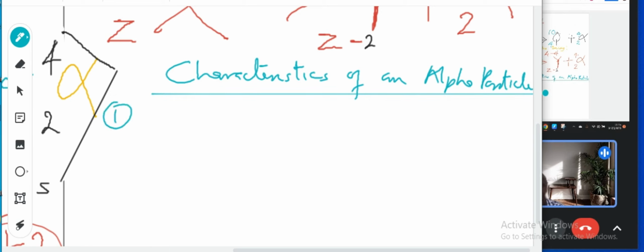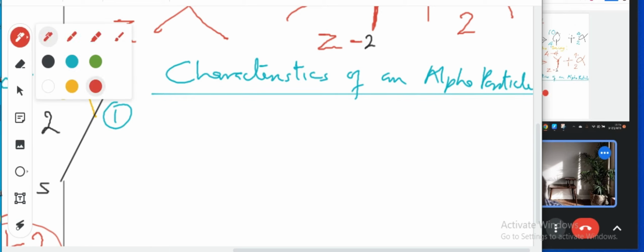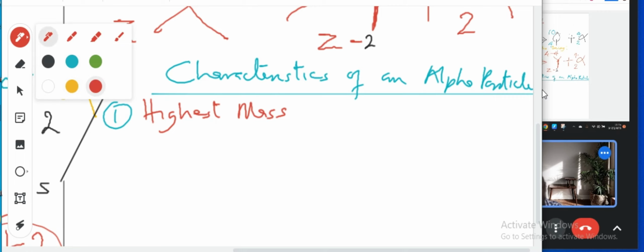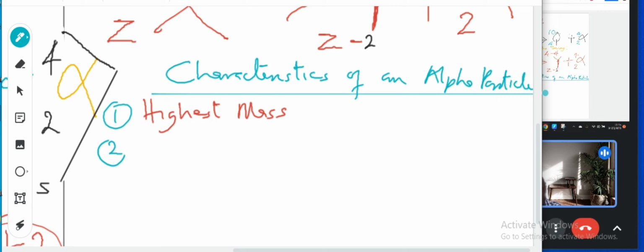Well, an alpha particle is the most massive. I'll just use some bullet points. Highest mass of all 3 radiations. It has the highest mass. It's the most massive of all of them.